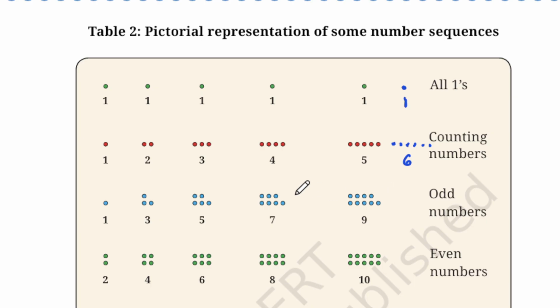Each time we are adding 2. Plus 2, plus 2, plus 2, plus 2. 9 plus 2 is 11. So I'm just adding one more and one more: 1, 2, 3, up to 11. So the next number is 11.